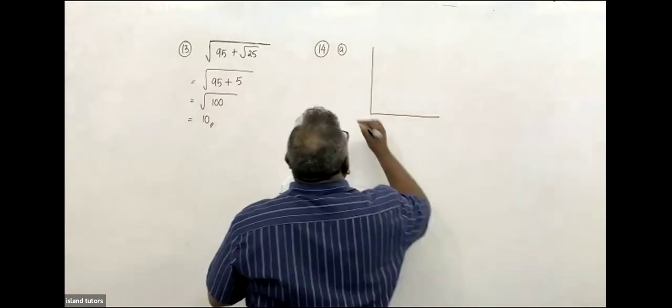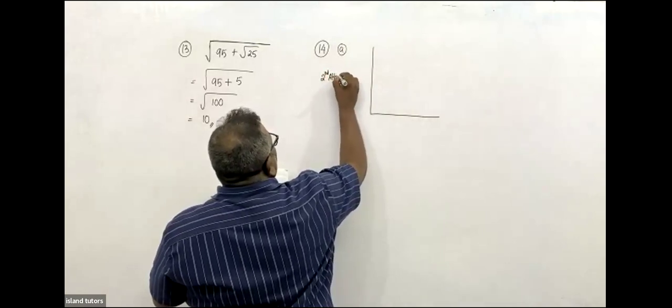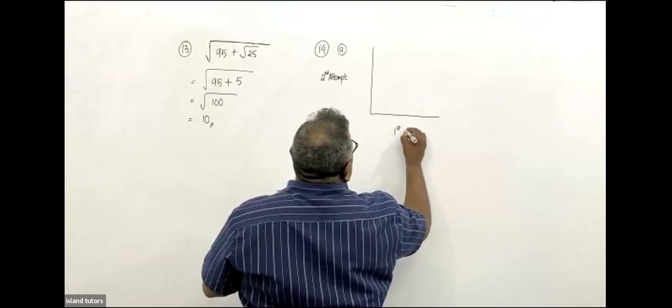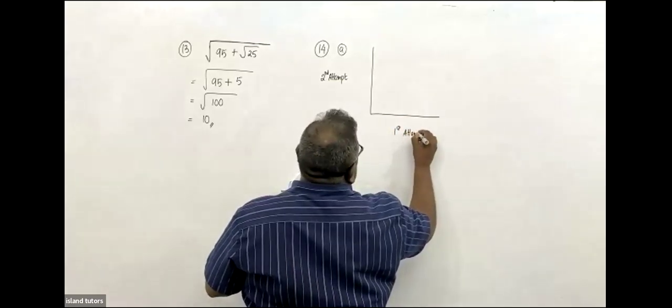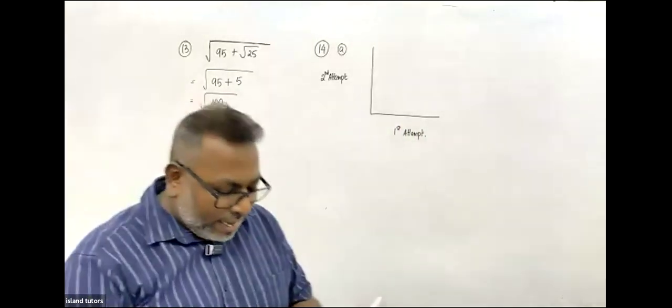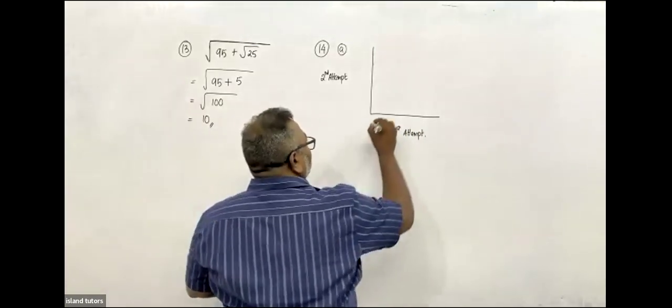They are saying second attempt here, and they are saying first attempt here. What are the buttons they have? They have two red buttons and a green button.